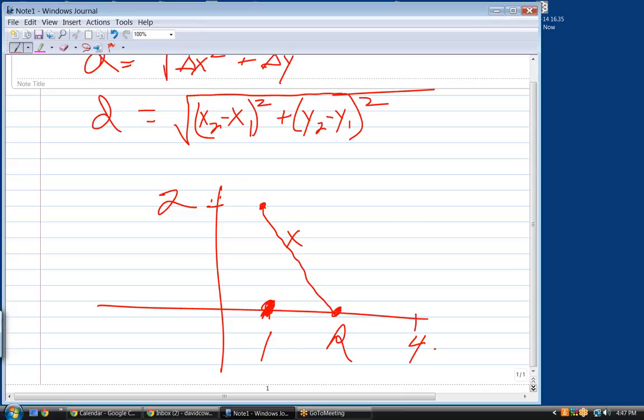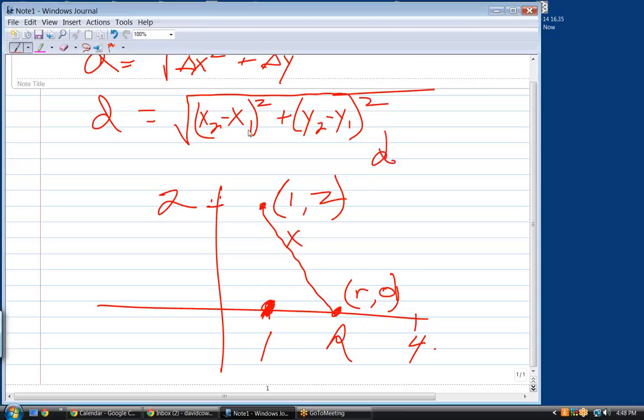Okay. What's the coordinate of this point, the way I've drawn it? 1, 2. Okay, and what's the coordinate of that point? R, 0. So what's the distance between where he's at now and R?